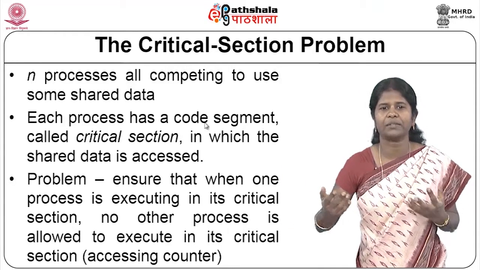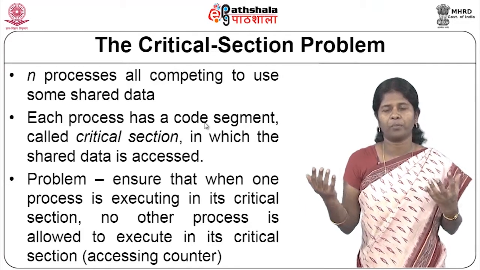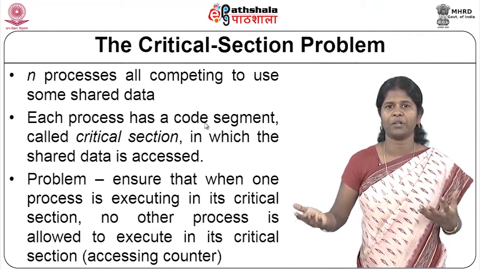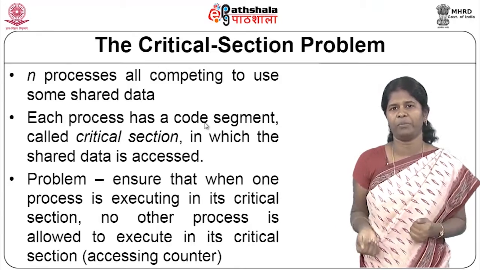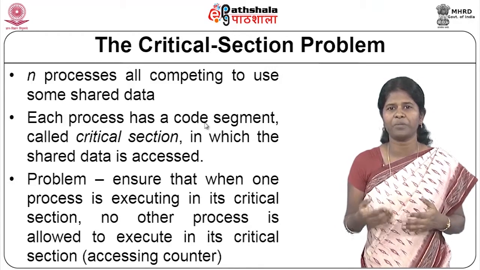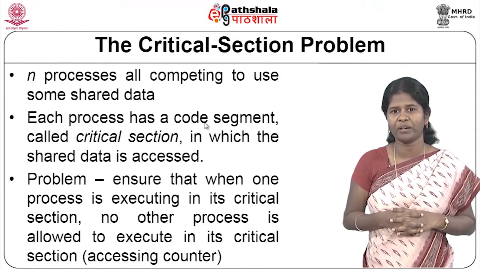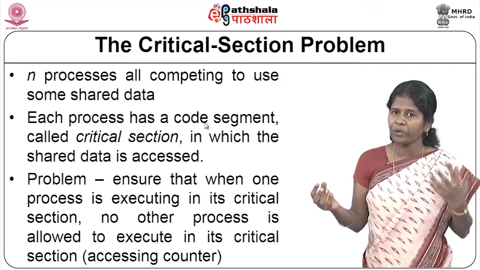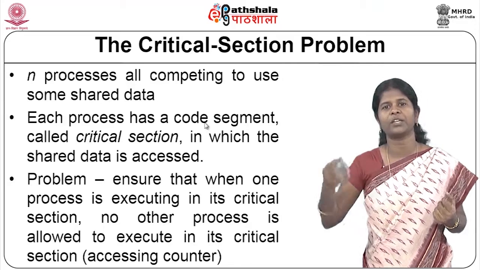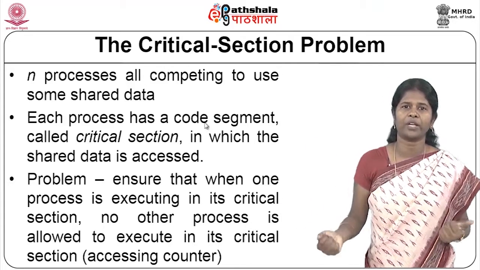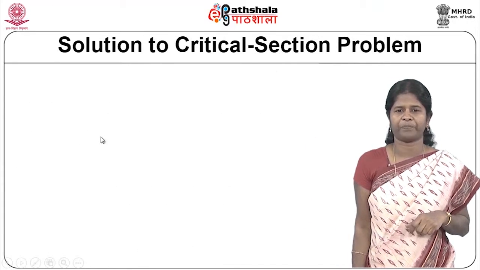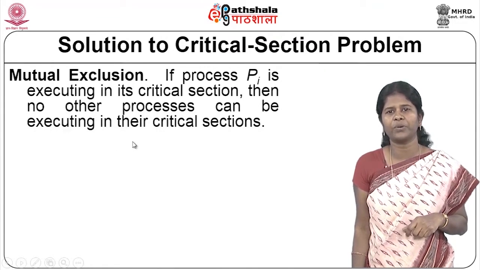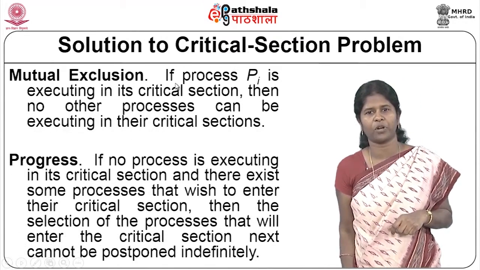If that is possible, then your problem will be solved. So this problem is the critical section problem, where you have a critical section of code for each process, and when one process is executing in its critical section, the other process should not be allowed to execute its critical section. So how do you have a solution to a critical section problem?